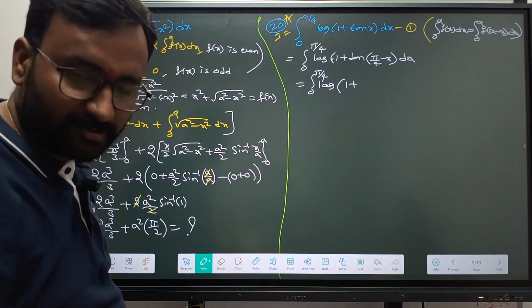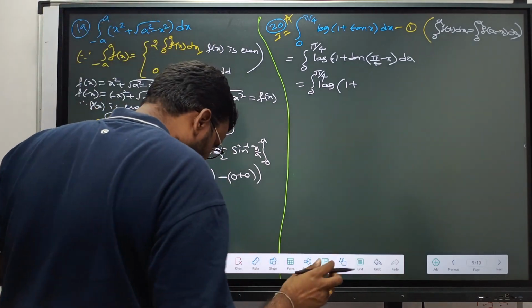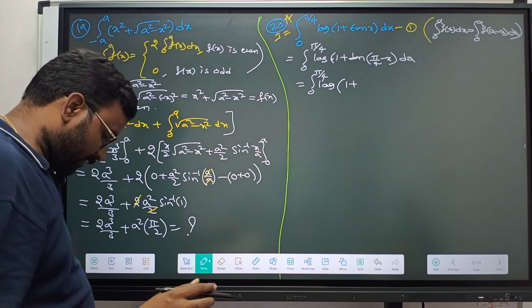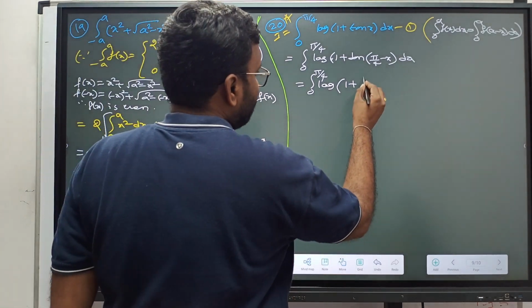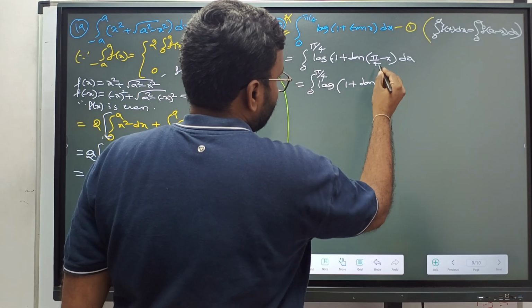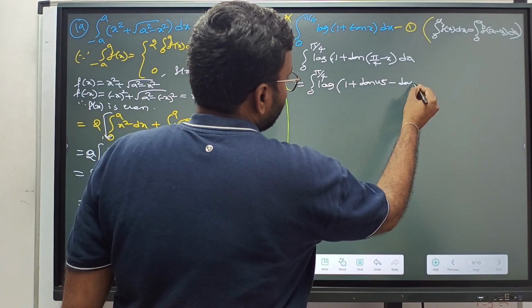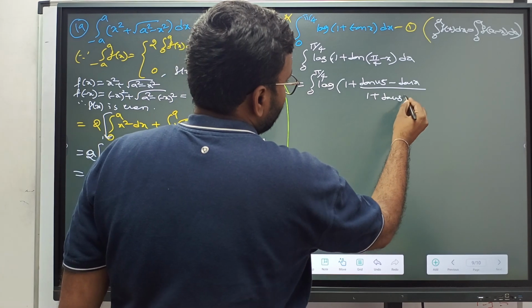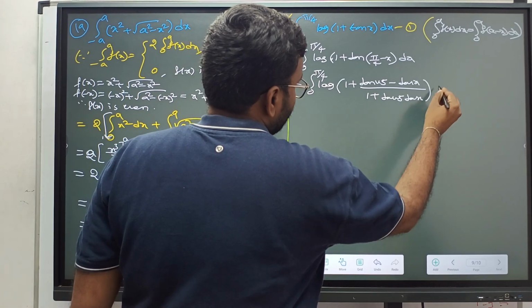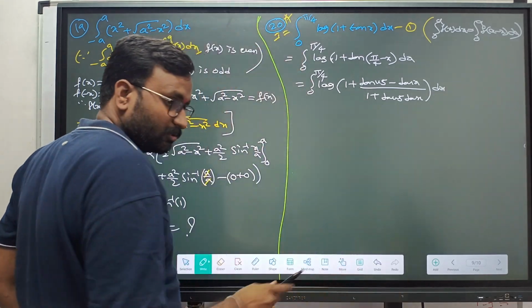Which is integral 0 to pi by 4 log of 1 plus tan of a minus b formula. What is the tan of a minus b formula? Tan a minus tan b by 1 plus tan a tan b. So tan 45 minus tan x by 1 plus tan 45 into tan x. Any doubt?